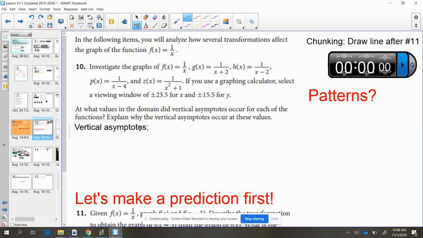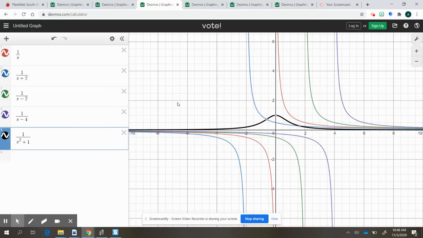Some things that we're noticing that they're asking us about in number 10 are these vertical asymptotes. Going back to what we've talked about before, f of x had a vertical asymptote at 0. For x plus 2, we actually have a vertical asymptote at x equals negative 2. Our green graph had one at x equals positive 2, and x equals positive 4 for the purple, p of x.